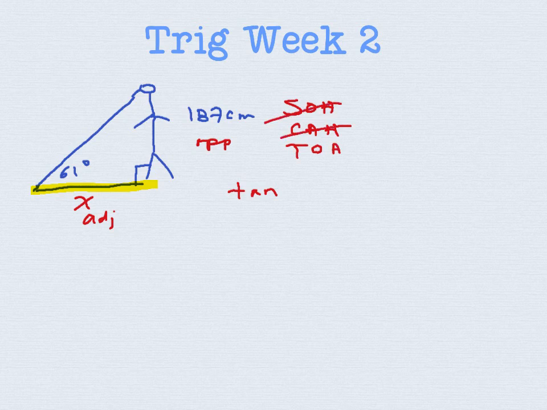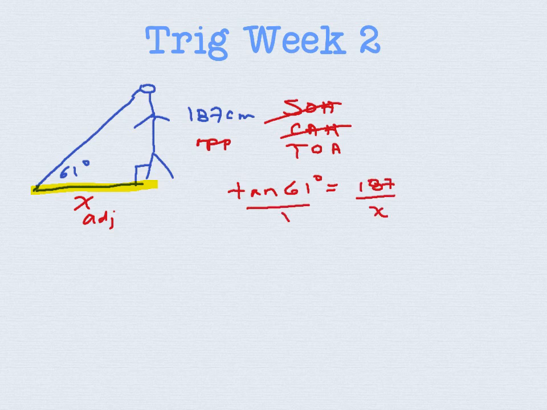Therefore, that eliminates us using either the sine or the cosine, because both of those ratios require a hypotenuse. We do know the tan of 61 degrees. We can get that from a trig table or from the calculator. That's a constant value, which we can look up. And we have the opposite of 187. We're trying to find the adjacent, which is x.